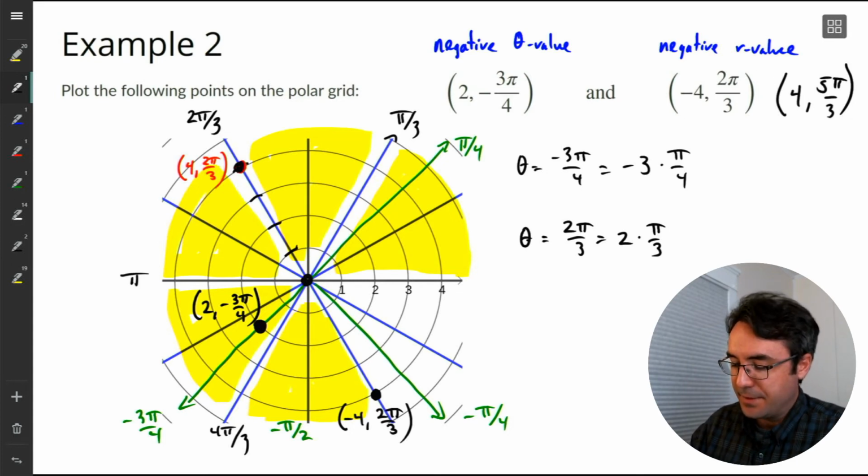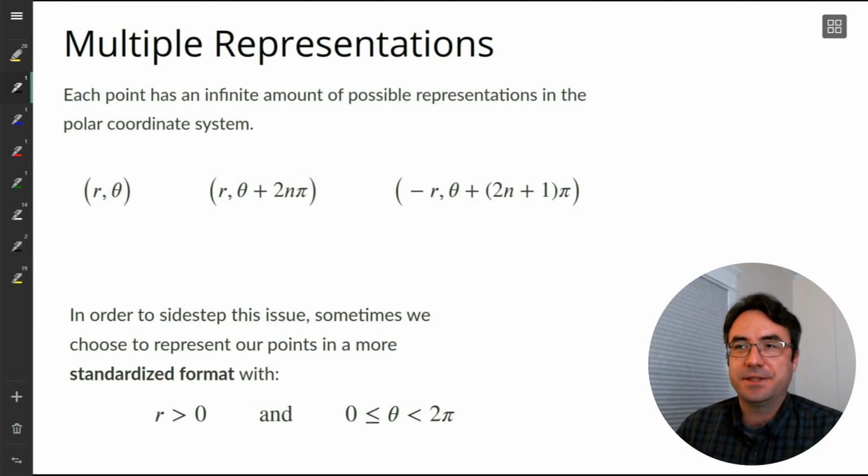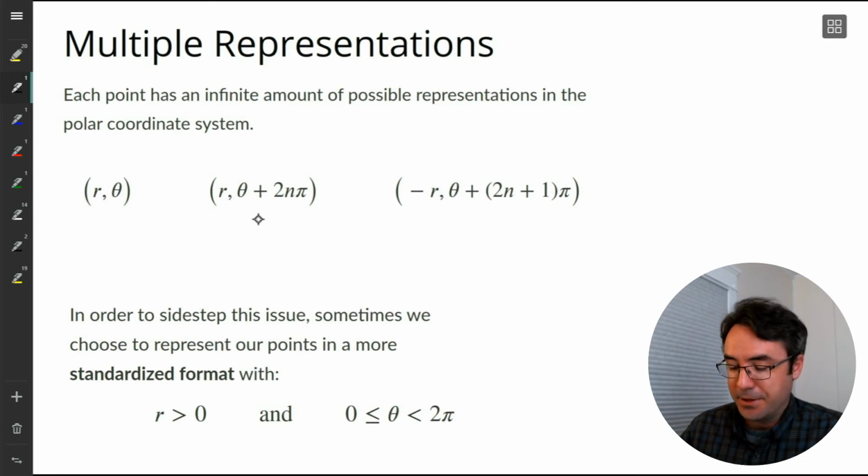And that's going to be kind of a frustrating part of dealing with polar coordinates: if we have a point r comma theta, there's actually an infinite amount of possible representations for that point in the polar coordinate system. So we could describe it as r comma theta plus 2n pi.